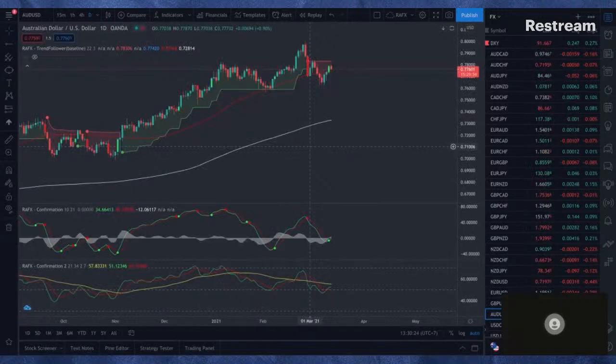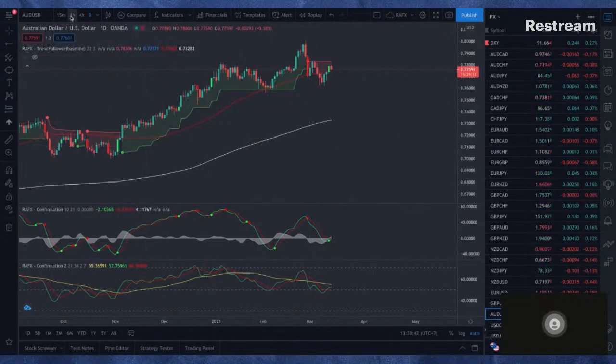So for AUDUSD, the same. At first glance, the opportunity is long because, as you notice, the price is just above the baseline. It's closer in our structure.